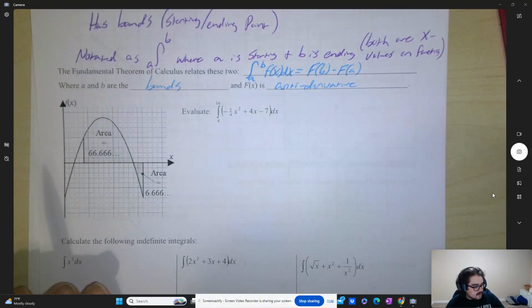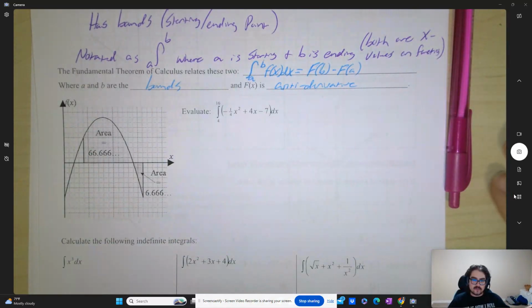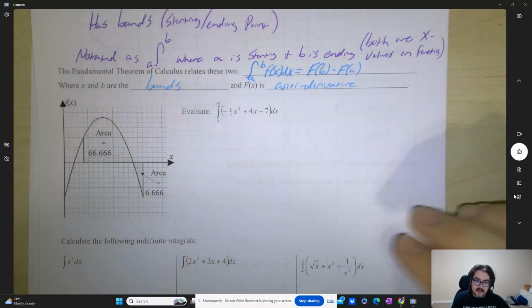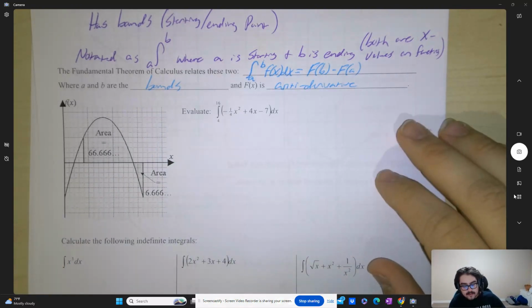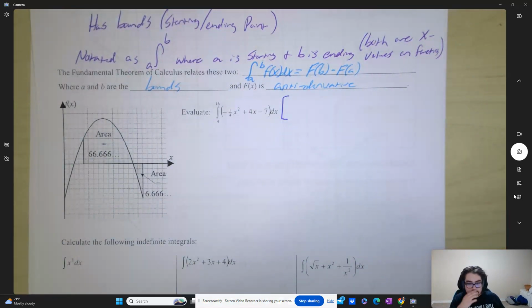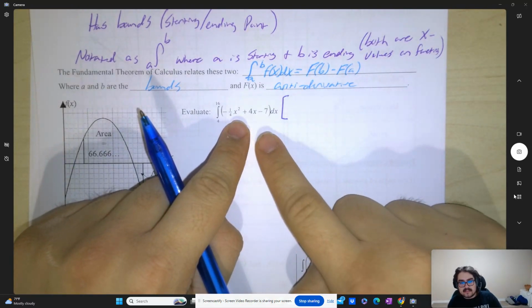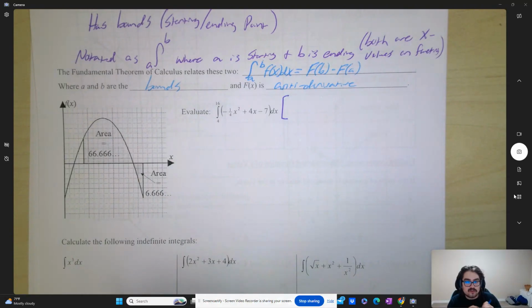Okay, so to evaluate this, there's two steps. First, you have to take the integral, and then you need to apply the bounds. So I'm going to take the integral of the function first. I'm going to leave some space. The first thing I'm going to do is write all the x's in here and increase their power by 1.